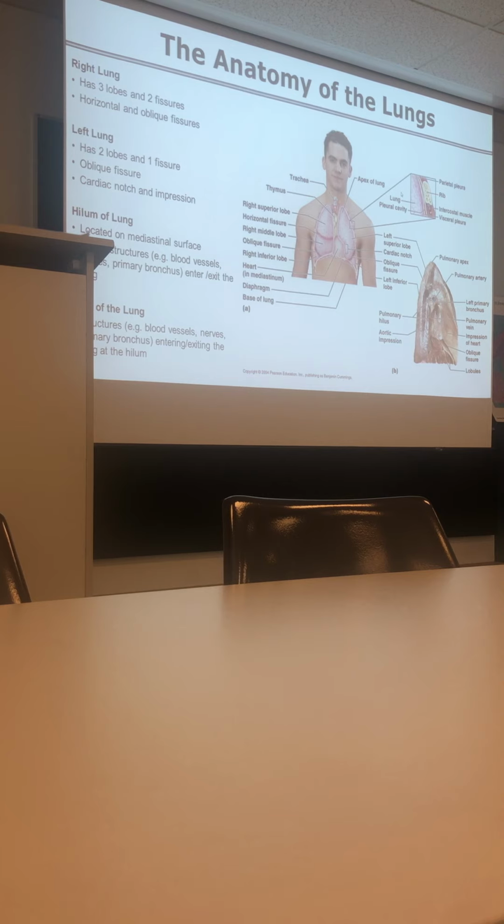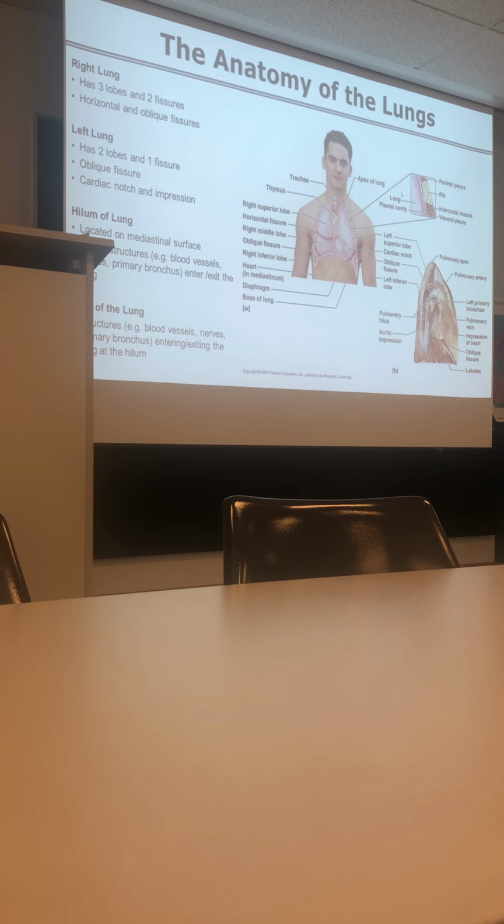The hilum of the lung is located on our mediastinal surface, so it's located more medially on each lung, okay? A hilum is like a doorway, essentially, for things to pass through, and it's where all of our structures are gonna enter and exit our lung, okay?